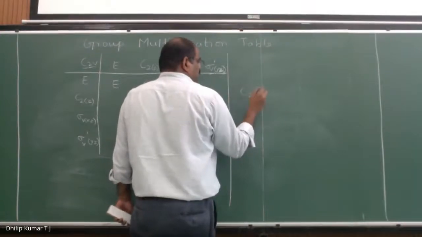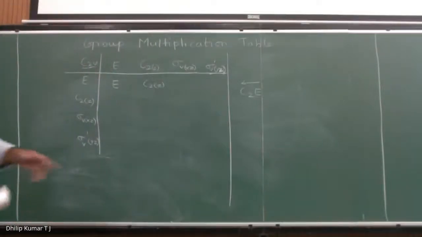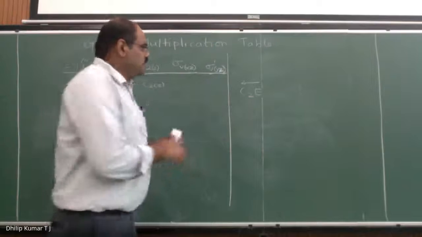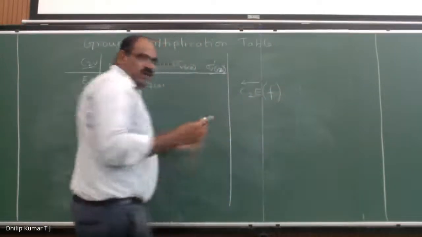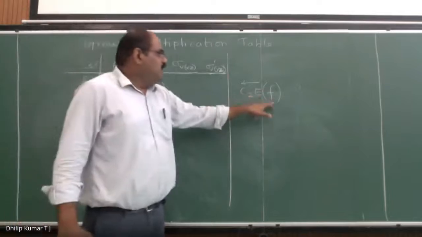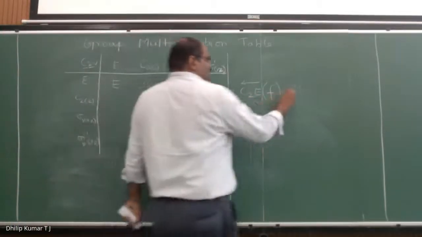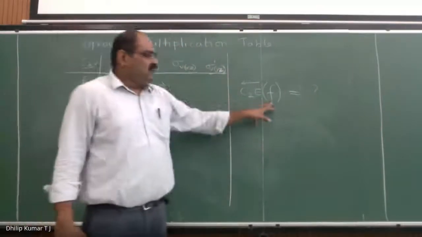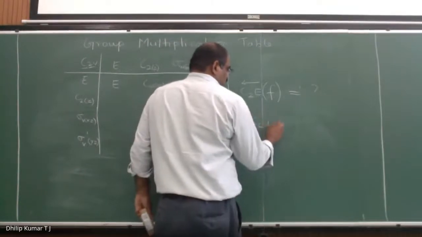In symmetry operations we generally go from right to left. Say F is a function, a molecule. You place the molecule here, then perform the E operation and then the C2 operation. You have to write what you are going to do. So F is a water molecule here. I just write C2 into E water.